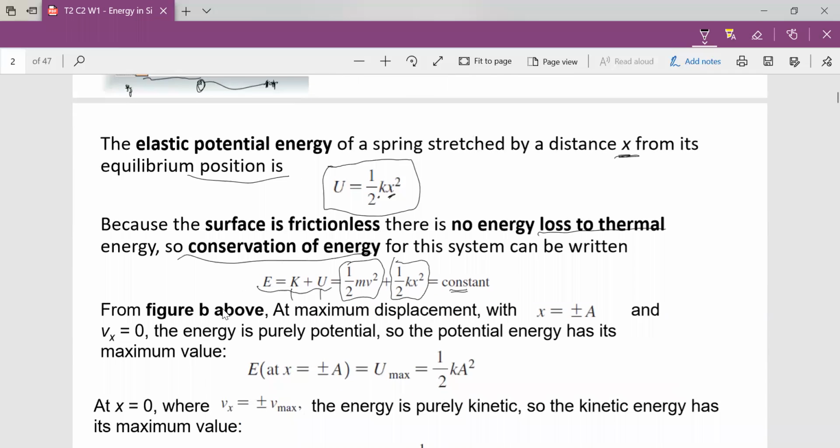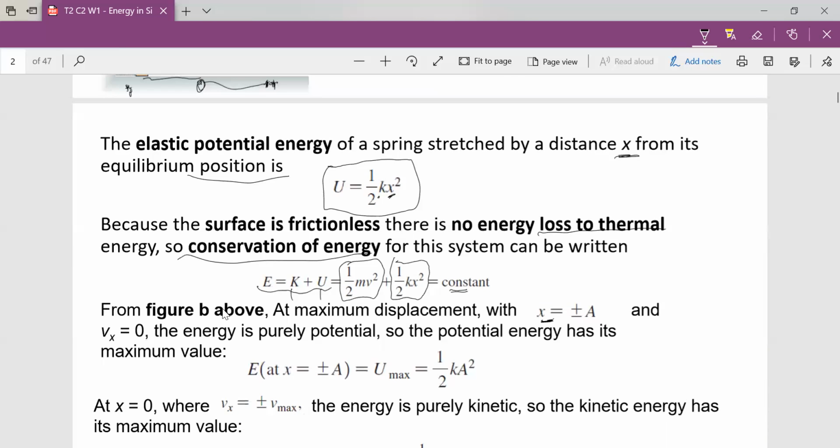From our figure B, as we've seen above, we can only have the maximum displacement to be either positive amplitude or negative amplitude. When the velocity is equal to 0 and it is at rest, the energy is purely potential, as we said at the beginning and the end. The object comes to rest before the next motion.